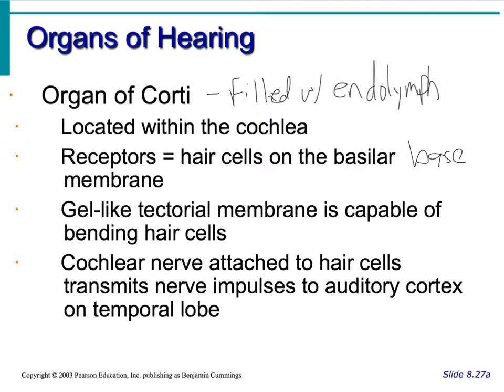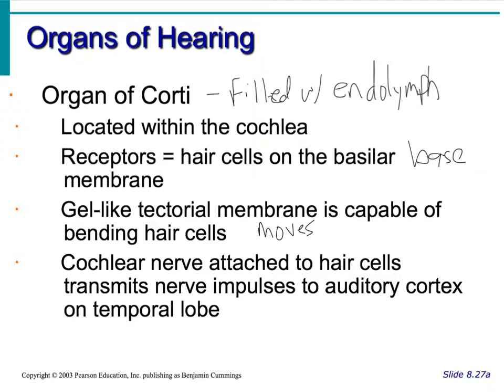The thing that causes the movement is the tectorial membrane. And this is just a gel-like membrane, and it's the thing that moves. The tectorial membrane is what moves and causes the hair cells to bend. So it moves with changes to the endolymph, and the hair cells then pick it up.